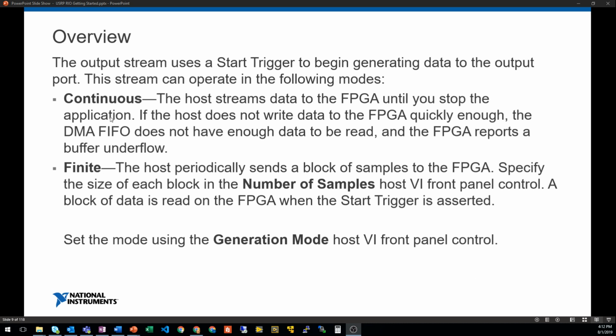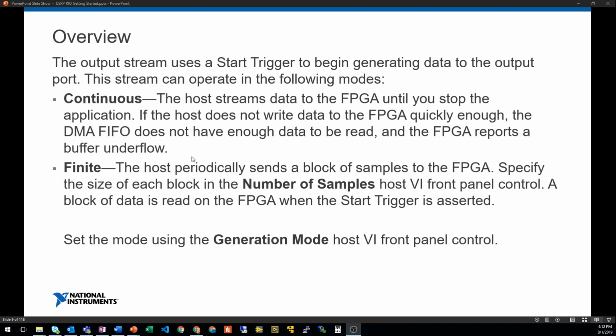In continuous mode, we run the host and we just assume that we're going to get a stream of data, and if it doesn't have enough data to be read, the FPGA reports a buffer underflow. So we're just assuming that the FPGA is always sending up data, and we're expecting this data, and we'll process it that way. So there's not as much of a handshake, if that makes sense.